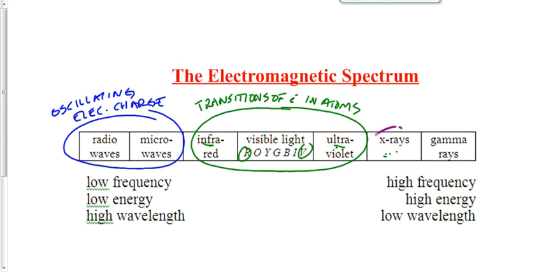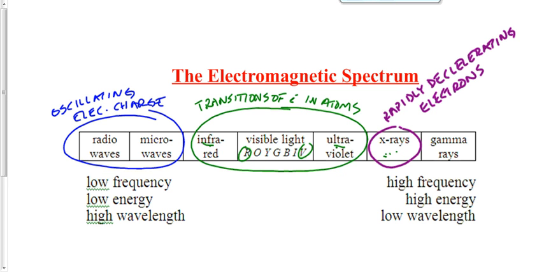X-rays can occasionally be produced by these transitions of electrons, but usually they're produced by rapidly decelerating electrons. So electrons that are going really, really fast and then come to a really, really fast stop.